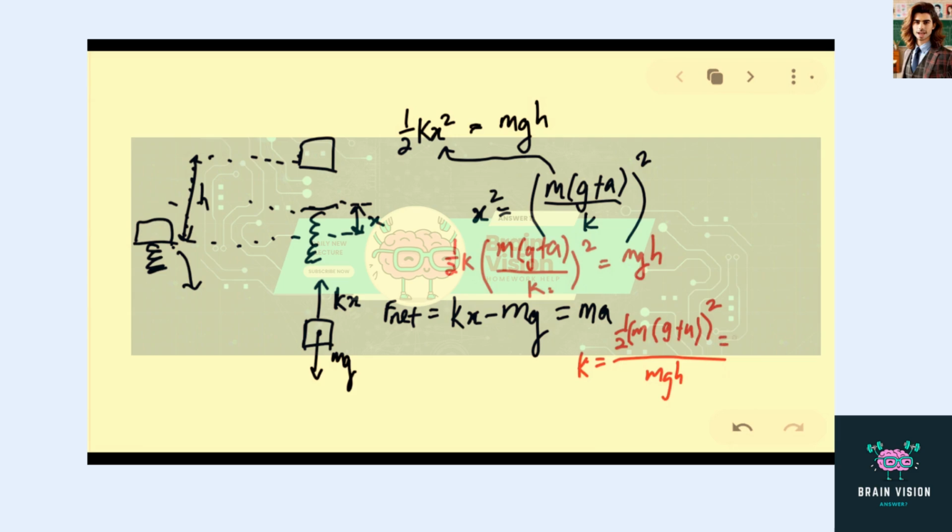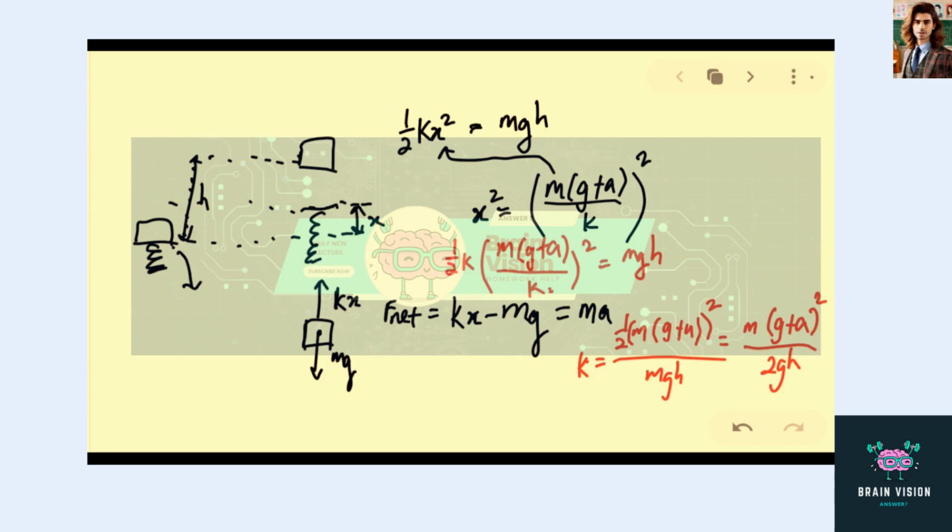Simplify this a bit, we should get k equals (mg plus a) squared divided by 2gh. So this is our final expression for the spring constant.